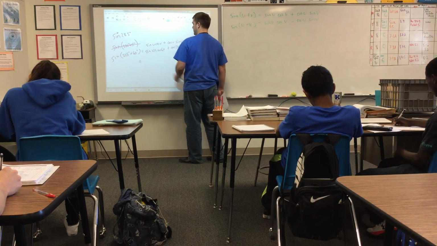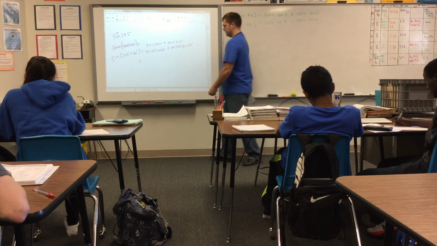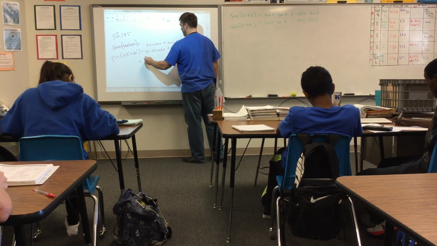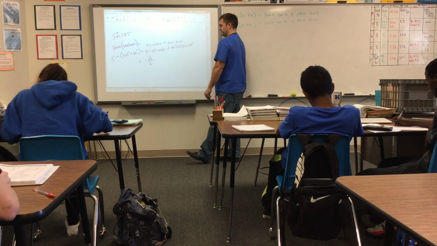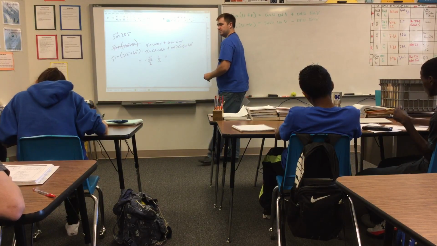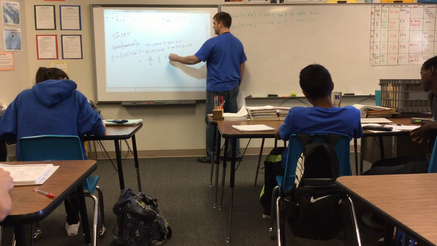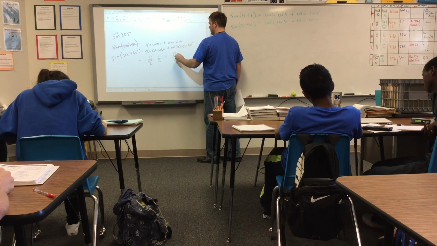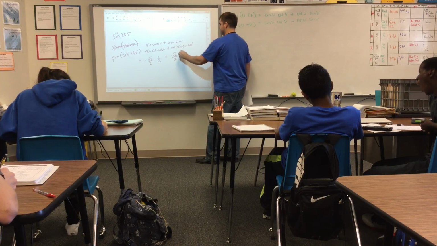Alright, call it out to me. What's the sine of 225? Negative root 2 over 2. Ooh, a negative. That's what I was hoping for. Cosine 60? 1/2. Cosine 225? Negative root 2 over 2. Sine of 60? Root 3 over 2.